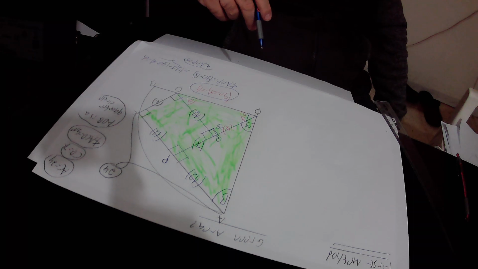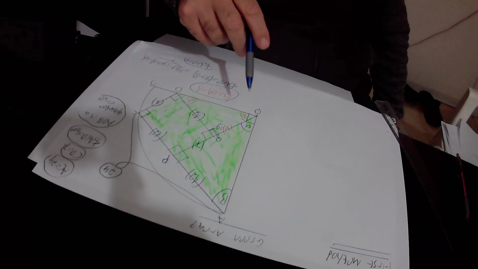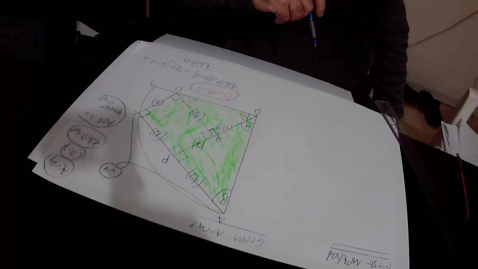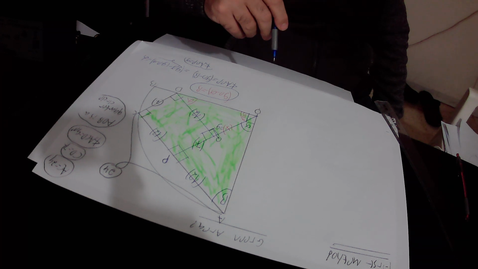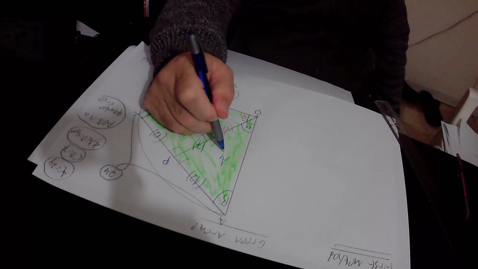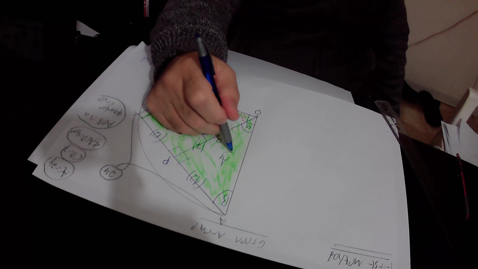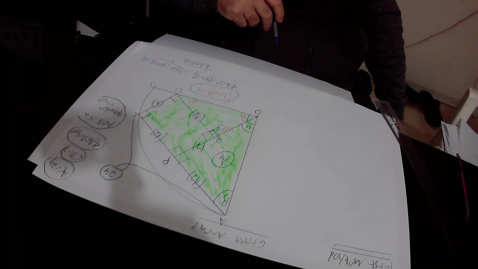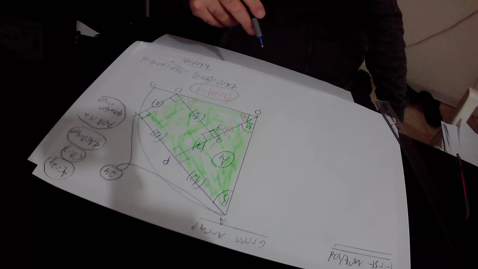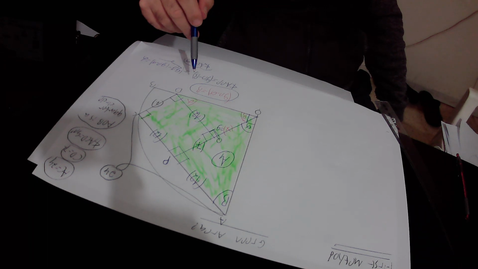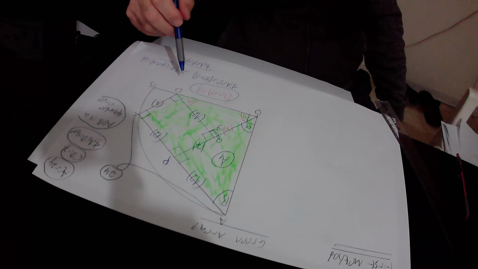The first part of the green shape will be the area of the green right triangle APO. We'll define the area of this green right triangle as A1. The second part of the green shape will be the area of the green right triangle OQD.